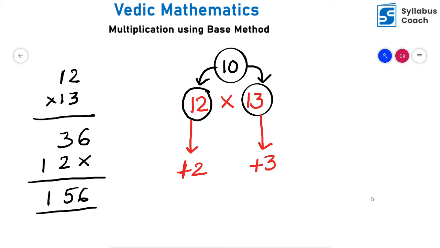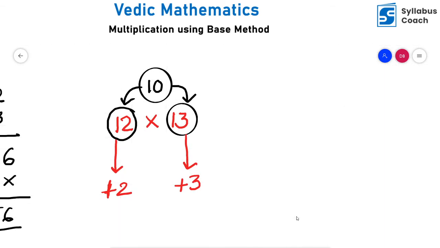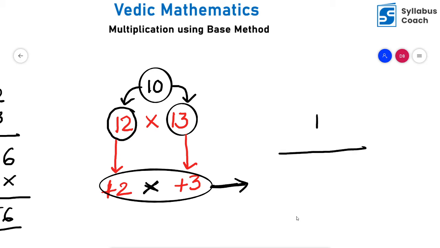And what are you going to do now? You take these two numbers, multiply them, and whatever answer you get should be kept on the right hand side of the output.